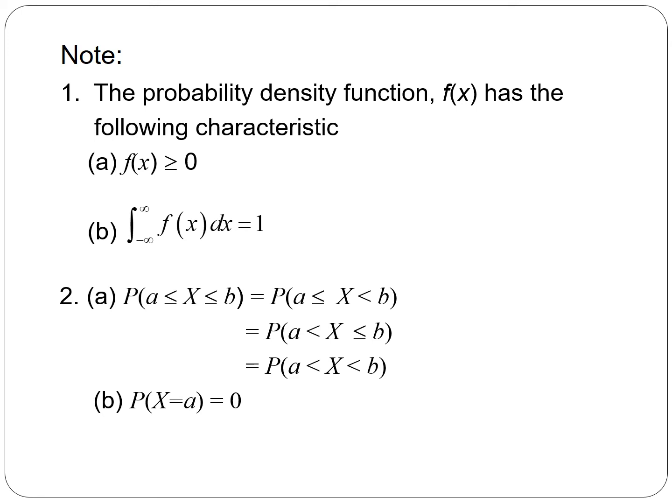It can be inclusive or partly inclusive or non-inclusive. If we look here, point number 2, P of x between A and B inclusive can be written as P of x between A and B with A inclusive, or with B inclusive, or non-inclusive. Okay, this is because x is a continuous random variable. But notice that when P of x equals A at a point, the probability is 0 because at a point, the area is 0.